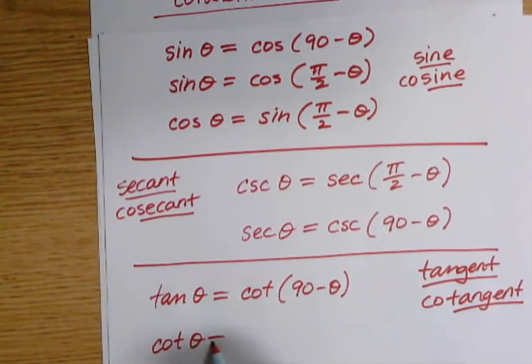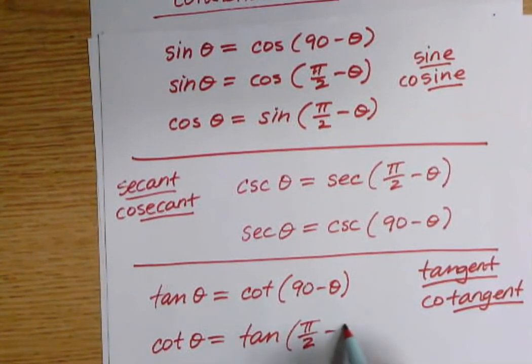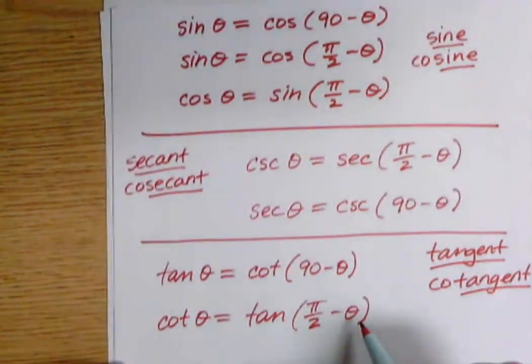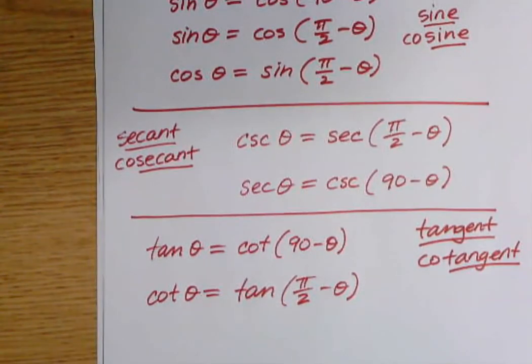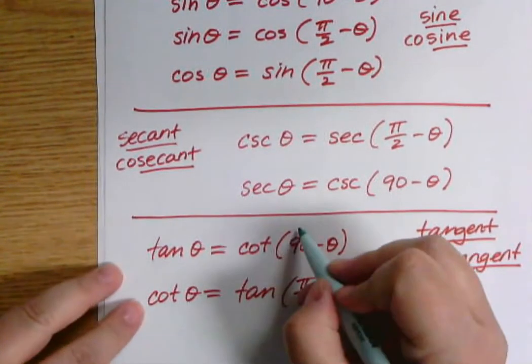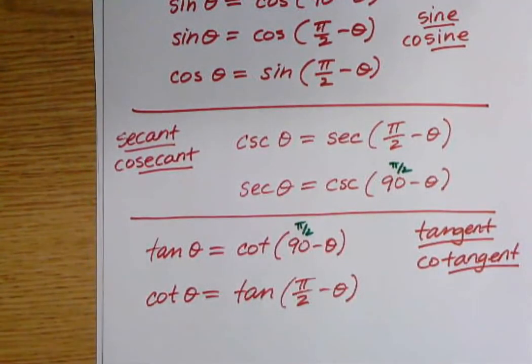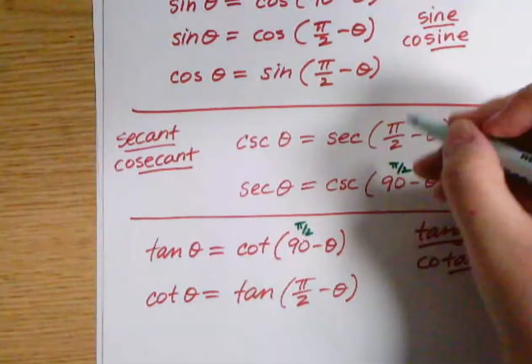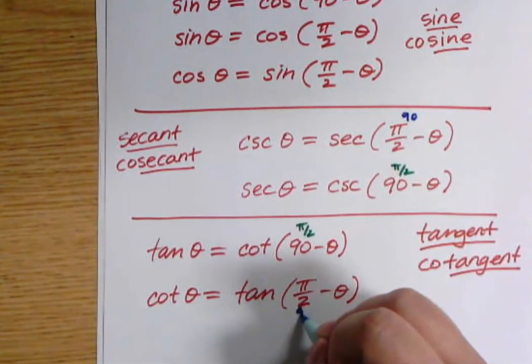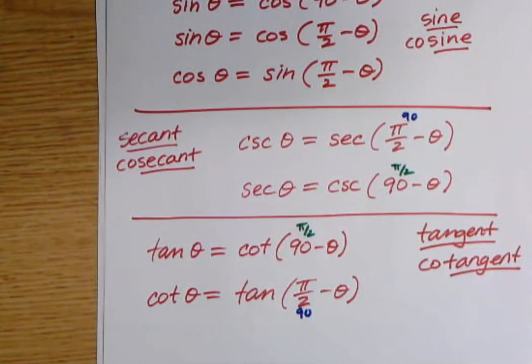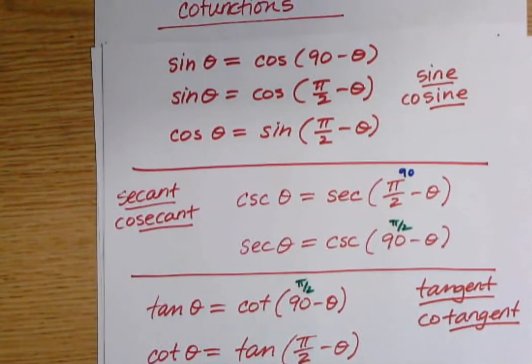The cotangent of an angle is the tangent of its complement. Pi over 2 minus that angle or 90 minus that angle. Anytime you see 90 here, pi over 2 could also substitute there. Anytime you see pi over 2, 90 could substitute. Same idea. 90 equals pi over 2. Those are cofunctions.